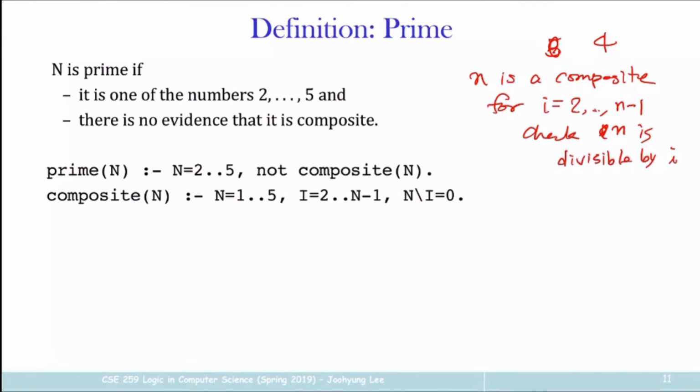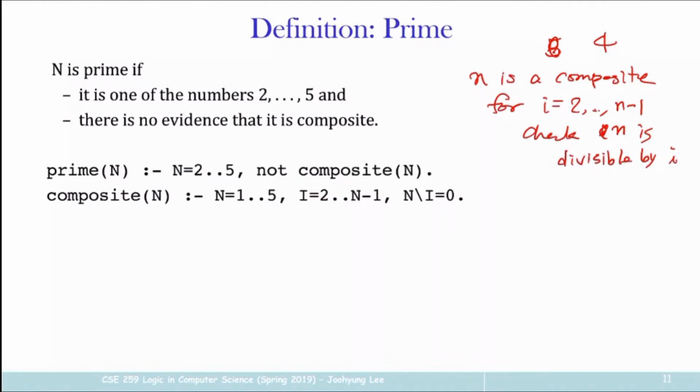So let's say pick n to be 5. Okay? So I want to check whether composite of 5 is true. Then that's the same as checking this one. When n equals 5, I can range from 2 to n minus 1 or 2 to 4, and n is divisible by i. If this condition is true, then n is a composite number.